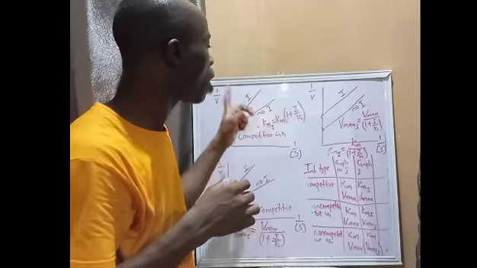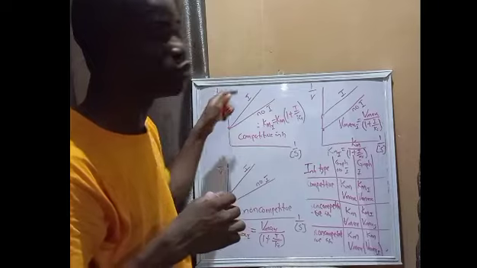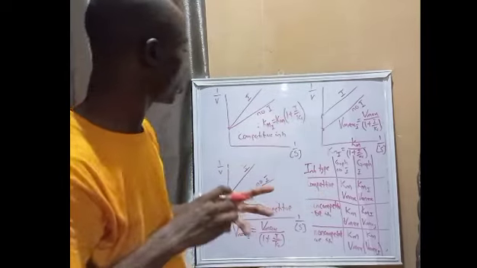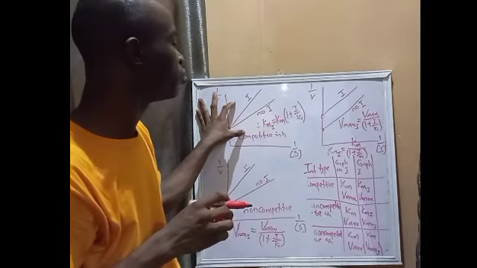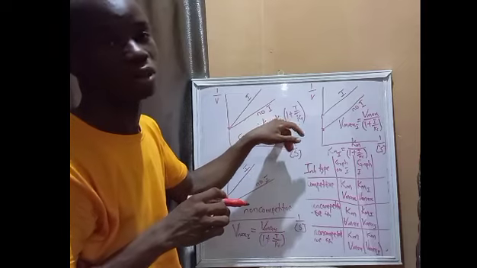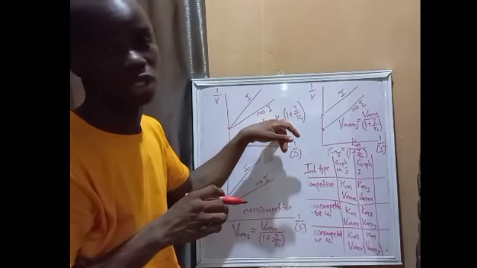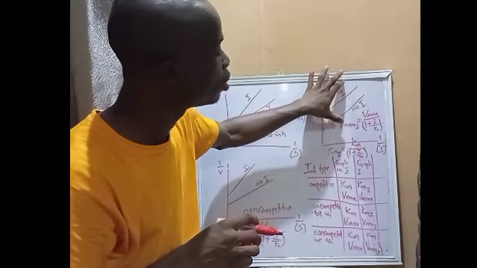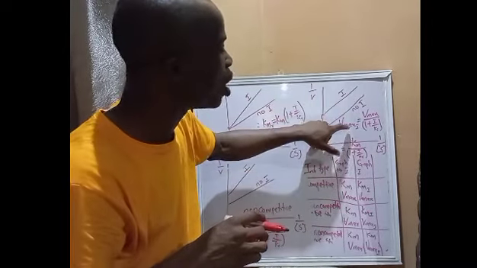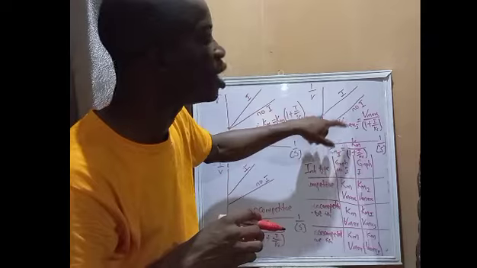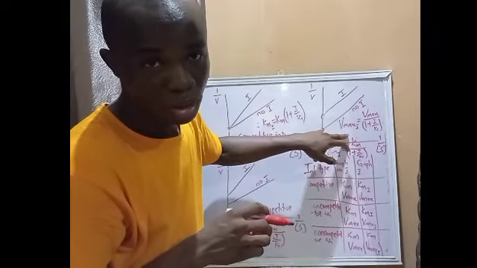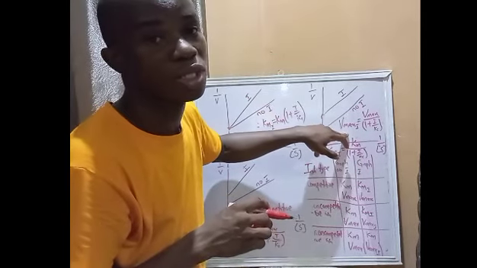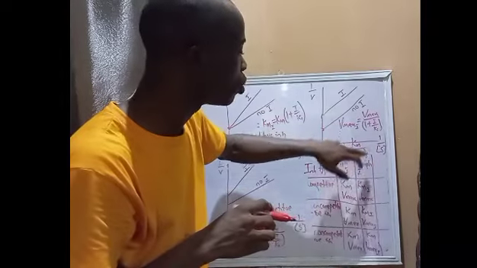But what happens to Km and Vmax in each type of inhibition differs. In competitive inhibition you have the same Vmax, different Km, and the Km increases. But for uncompetitive inhibition, both the Vmax and the Km decrease, but the factor still remains the same.